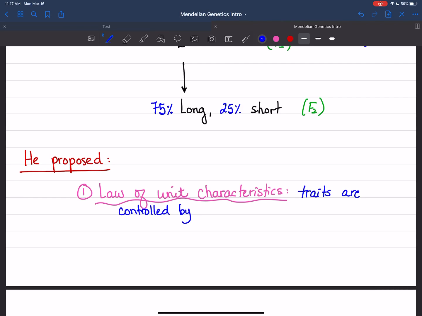Now, he didn't use these words back then, but traits are controlled by genes, which occur in pairs. One from mom and one from dad.